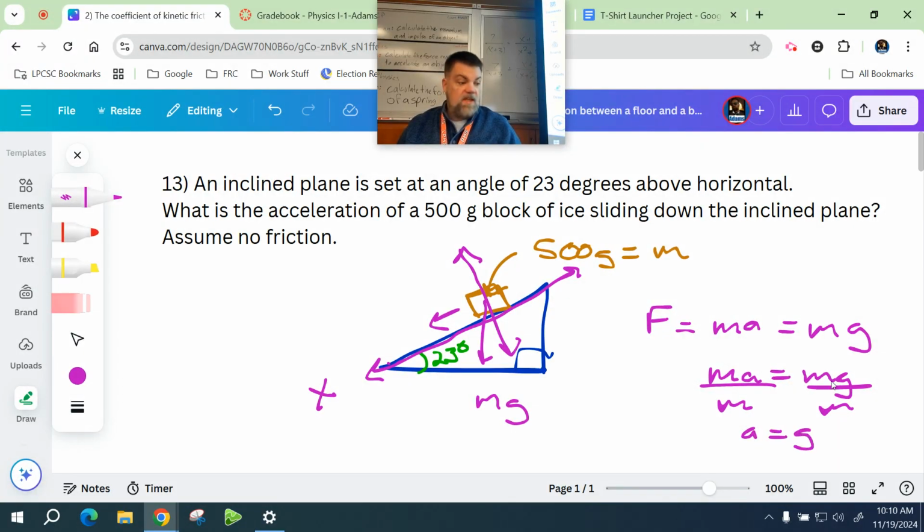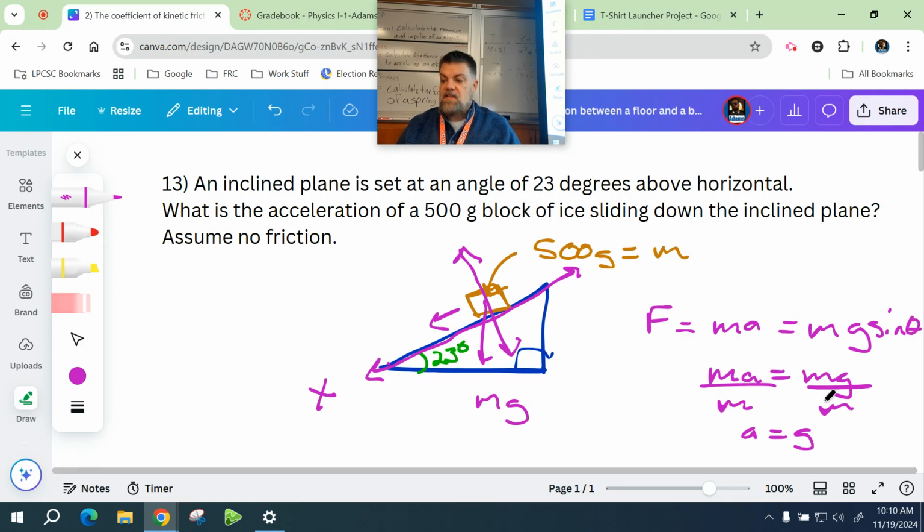The problem is that over here, I have to tack on sine of theta because I need this portion of the vector. So I need to tack on sine of theta, because that's how you get that portion of it.